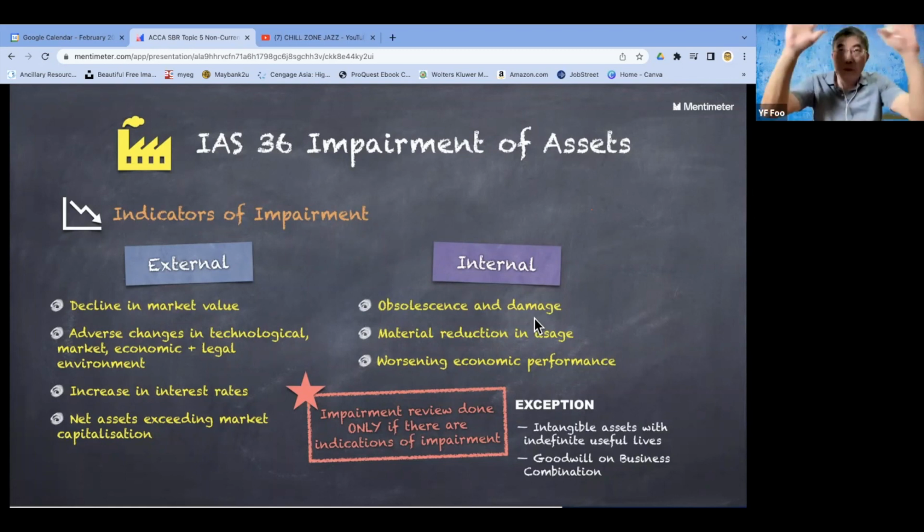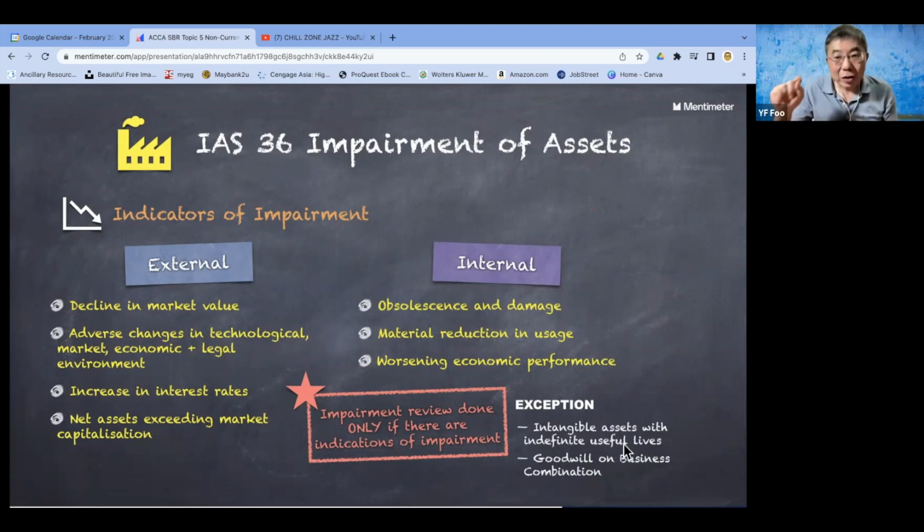That's for the majority of the assets: property, plant, equipment, most intangibles. Now there are exceptions. So let me reiterate this. You don't have to do an impairment review if there's no sign of these indicators, except where it comes to intangible assets with indefinite useful life.